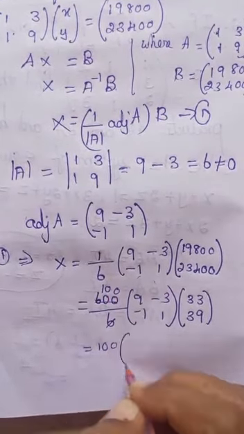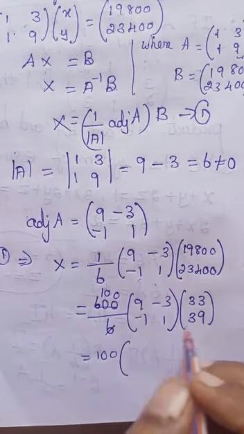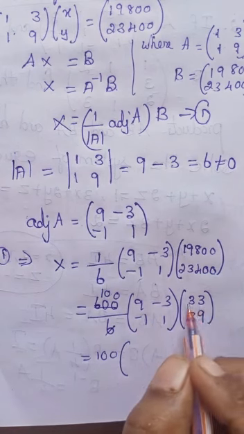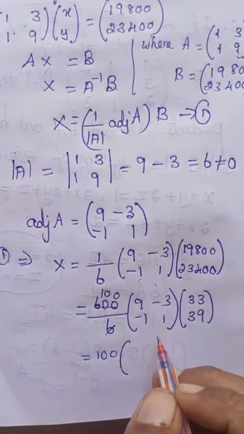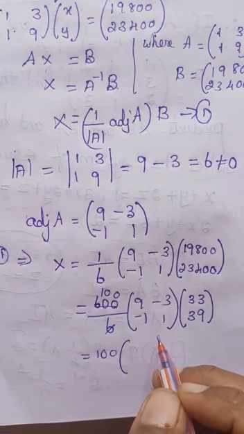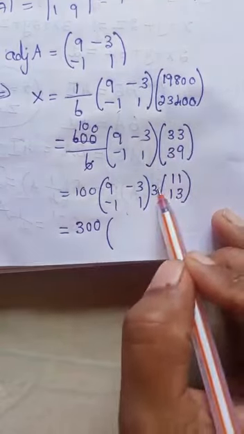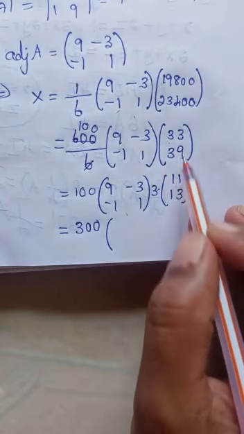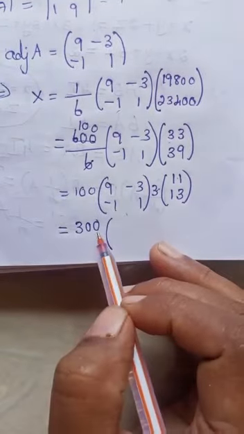So 100 into, now we can multiply. 9 into 33, or again, 3 is common. We can take it out and then multiply. So 3 into 11 is 33 and 3 into 13 is 39. So 100 into 3, 33.